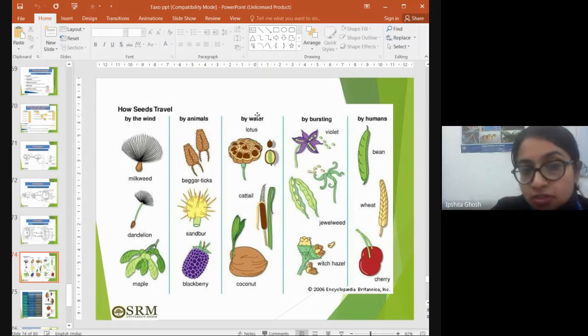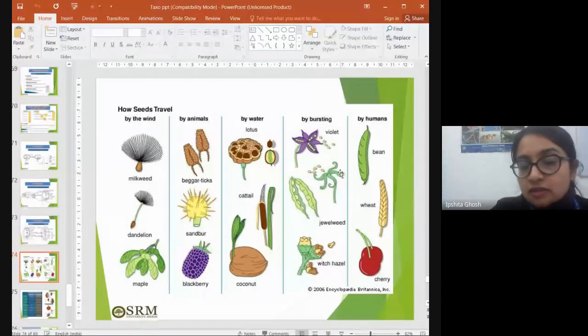They can be dispersed by water, as you can see in lotus or even coconut. Coconut is a very common example of seed dispersal by water, which we even study in our lower classes, right? Then by bursting open also, there are certain seeds which burst open and are scattered with the force of that.